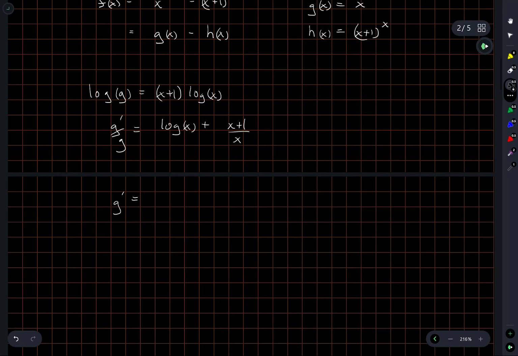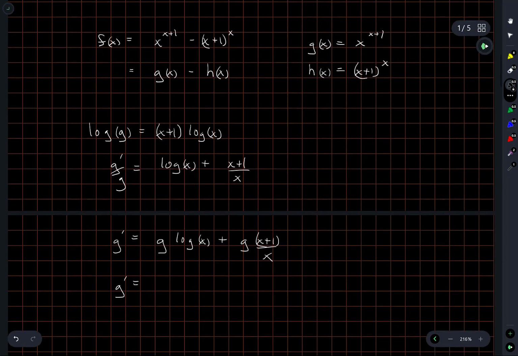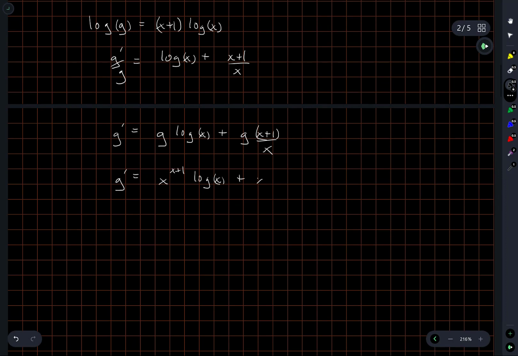So g prime is g log x plus g times x plus 1 divided by x. And g is x to the x plus 1. And this simplifies a little bit here.